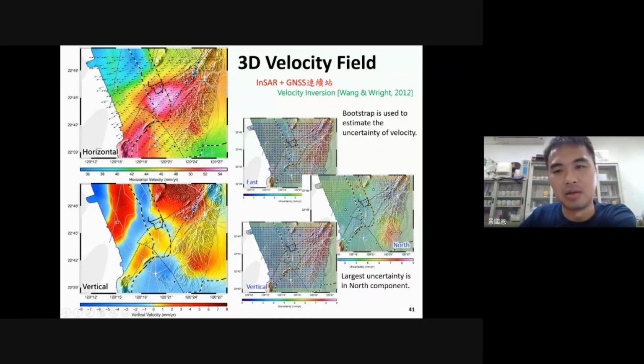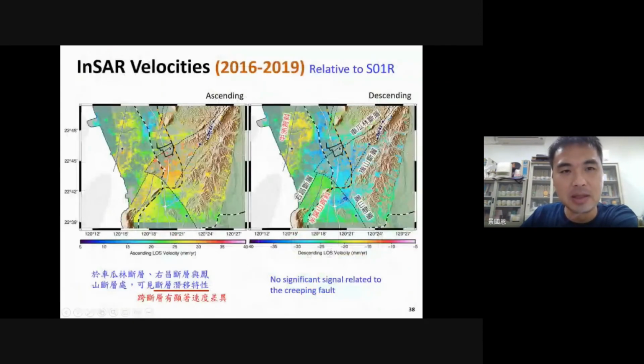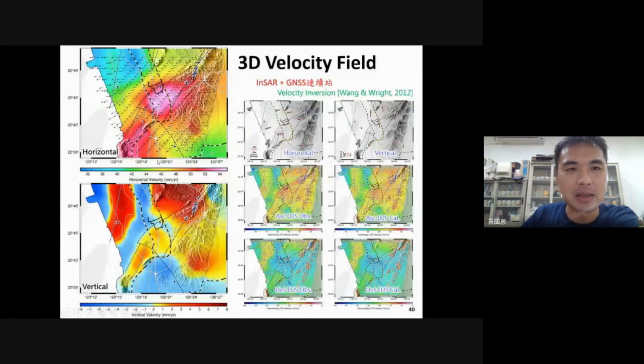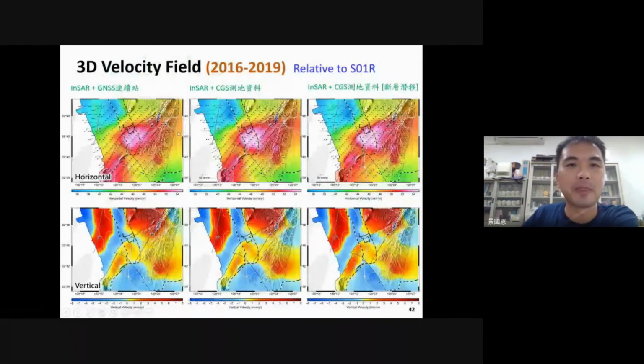However, do you notice one thing: in the InSAR result, we do see the creeping, but in these modeling results, we don't see a clear velocity difference. So that means actually we need to modify the code, modify the methods. So in this case, you will see different results.